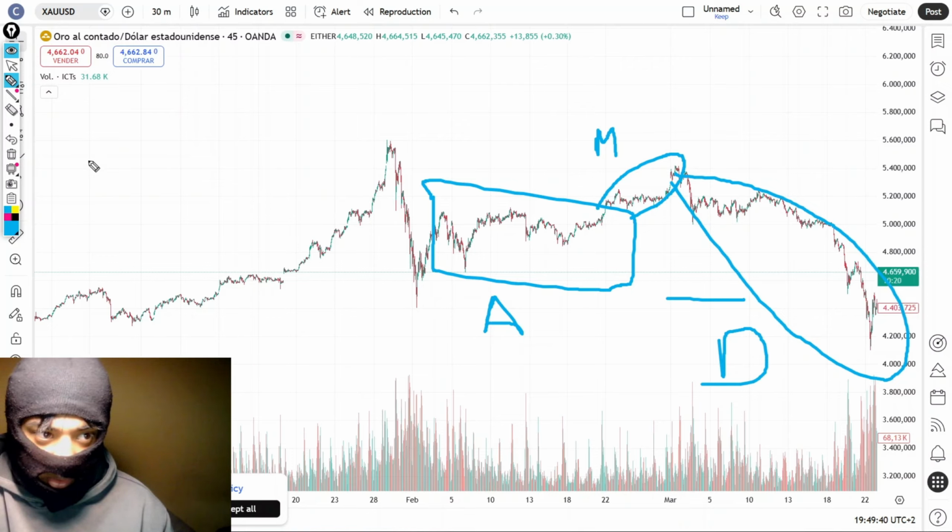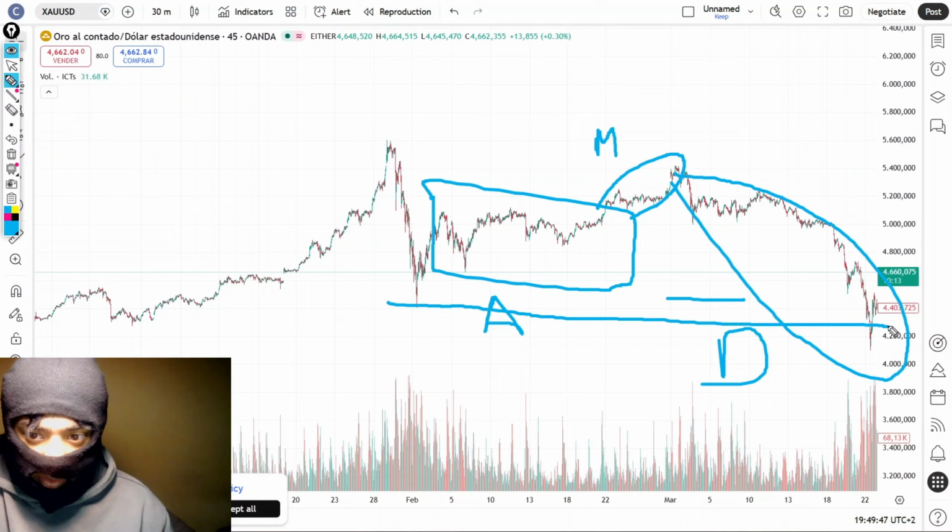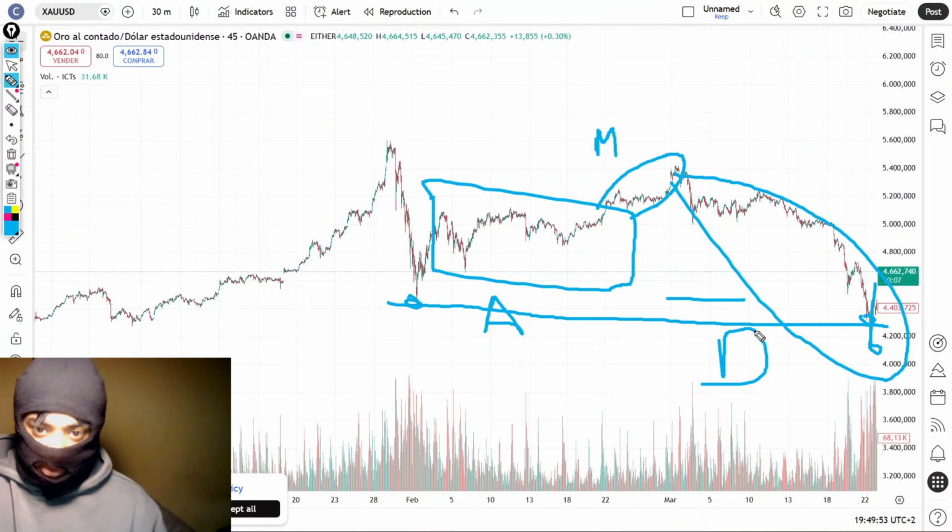Because if you see here, it basically hunted this point here, and the market again reversed fast.